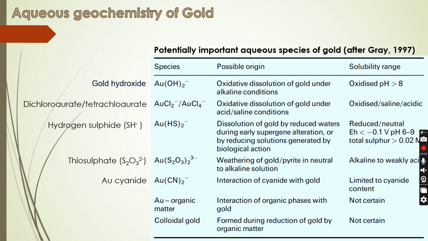If we analyze the possible conditions, geochemical environment, and fluid chemistry, we'll be able to understand which complex will be formed, like gold hydroxide, gold dichloride, gold with chlorine association Cl2, Cl4, then hydrogen sulfide association, thiosulfate, cyanide association, gold with organic matter, colloidal gold. So these possible origins are explained in this table.